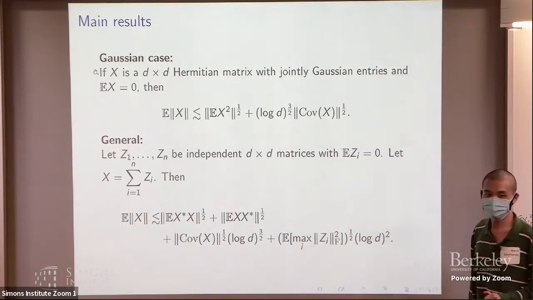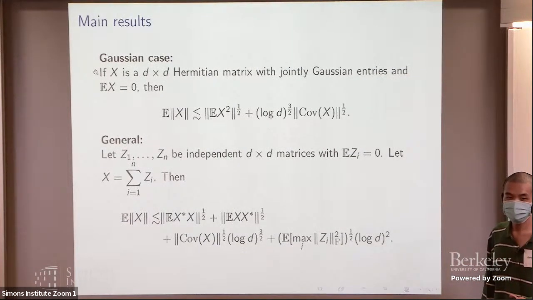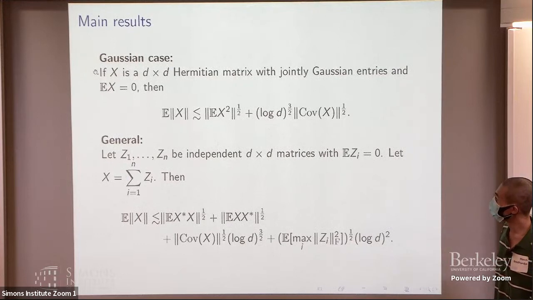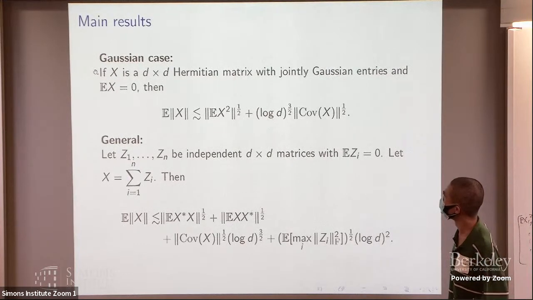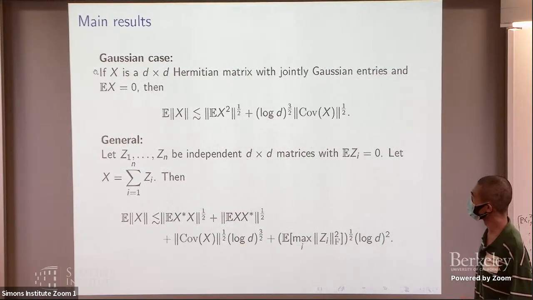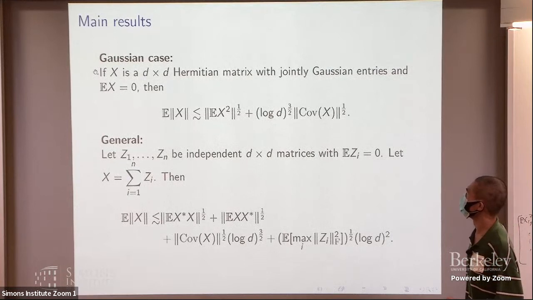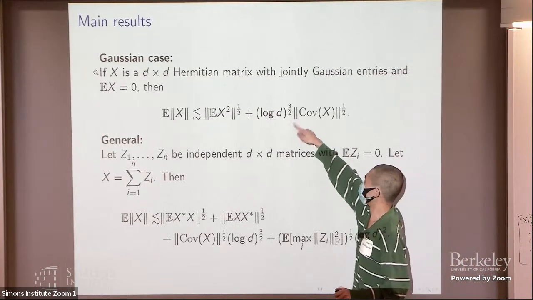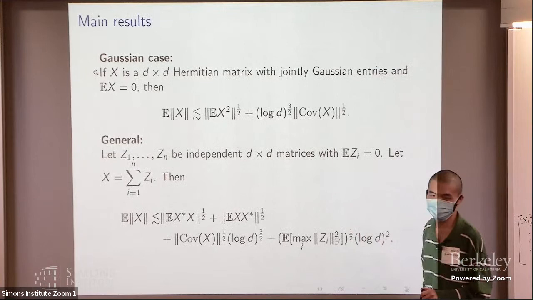So you can't find an example where this is the dependence on this quantity? On the covariance. No, I think this 3/2 is not the right factor. It should be square root log D.